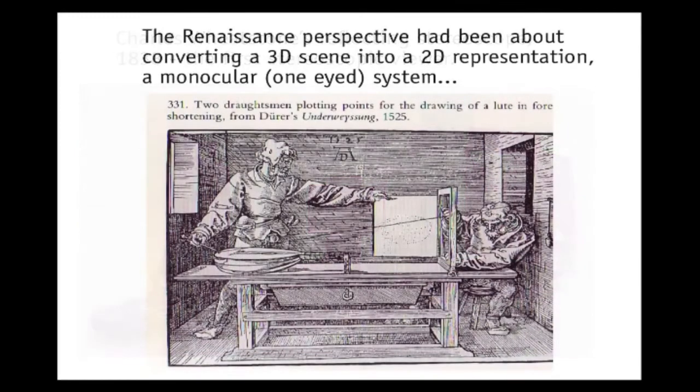So until then, as I already quickly referred to, the mainstream of imaging was rather from 3D to 2D. So the whole system of Renaissance perspective, that's probably best been analyzed by Martin Kemp in his magnificent great book, The Science of Art, was a system for producing pictures for one eye.